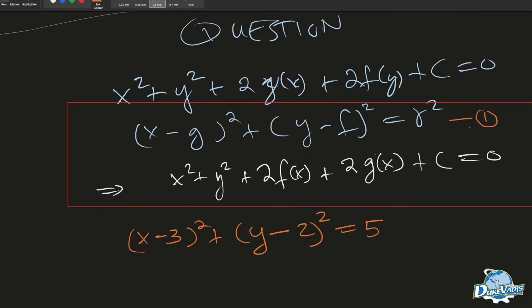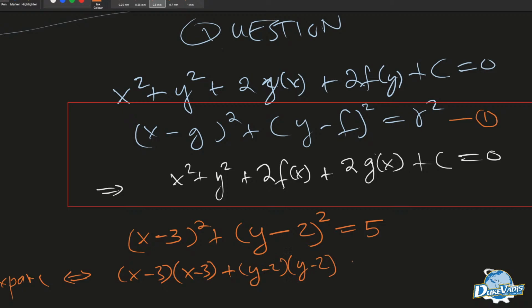So let's first and foremost try to expand this equation. Let's do this one elementary. We have x minus 3 into bracket x minus 3 plus y minus 2, y minus 2, and minus 5 is equal to 0. Are we on the same page?